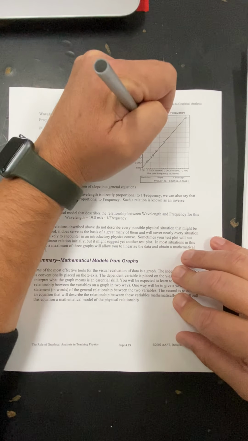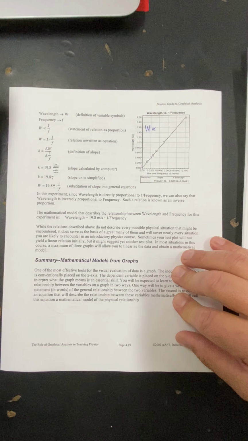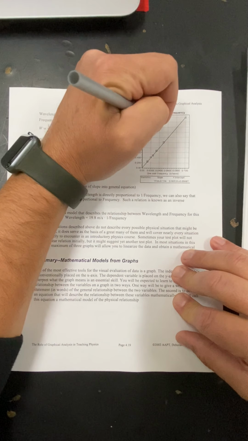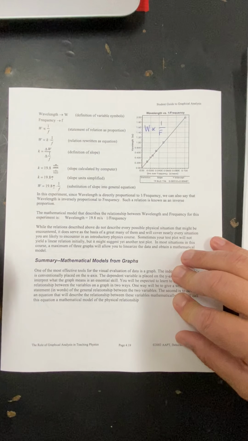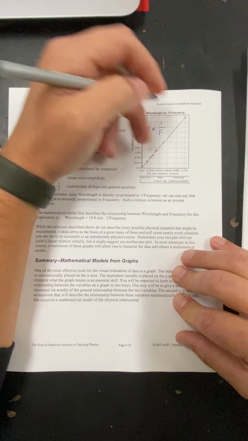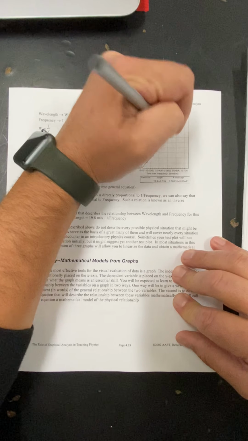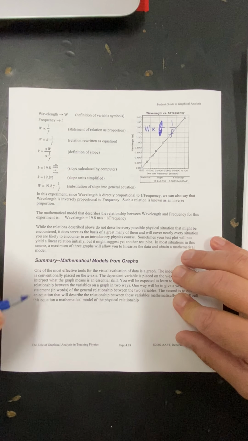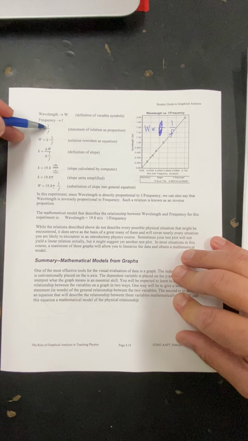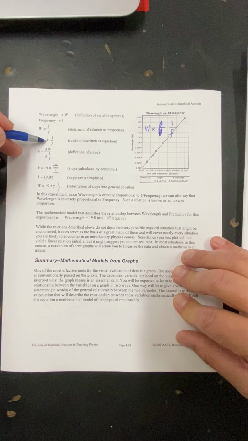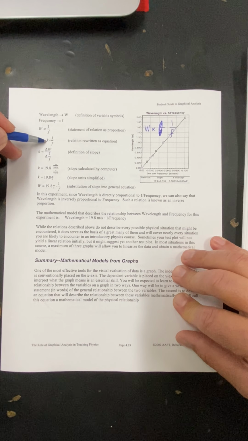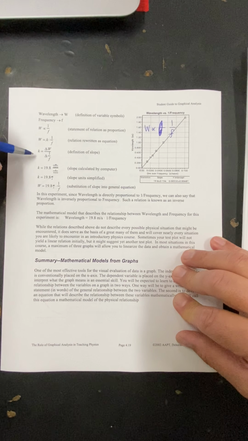Wavelength, W, is directly proportional to 1 over the frequency. And they're not using a capital F, so I shouldn't either. 1 over the frequency. Direct proportion. Anytime you have a direct proportion, you can relate them with a constant, a slope. There is no plus b.